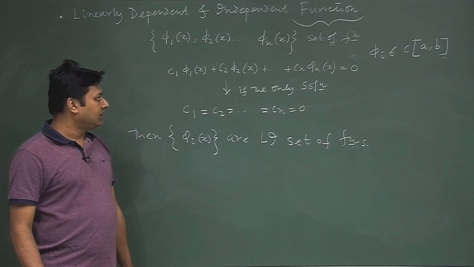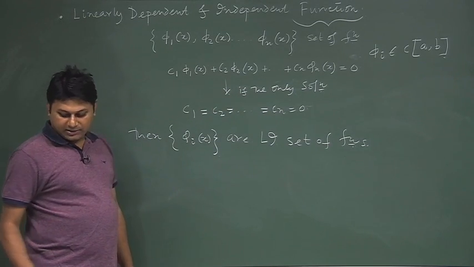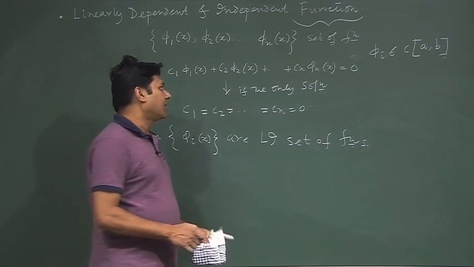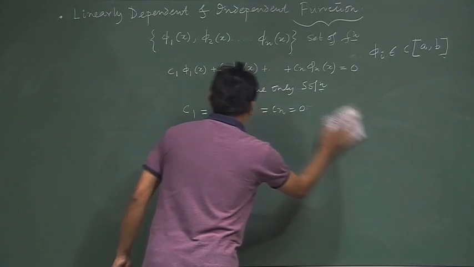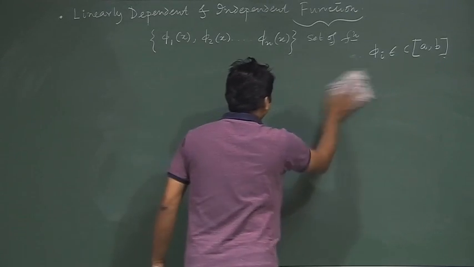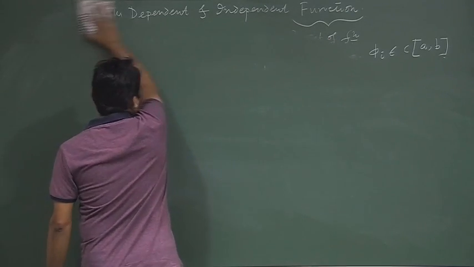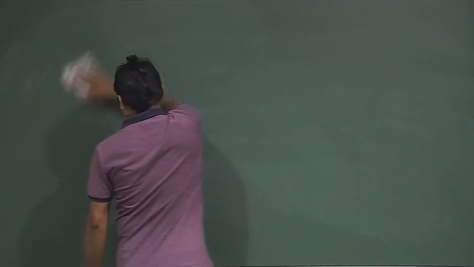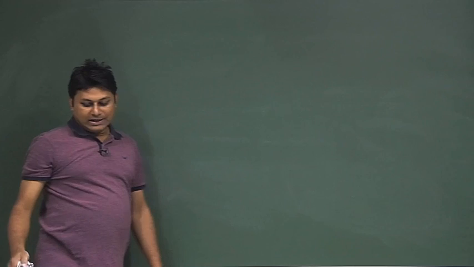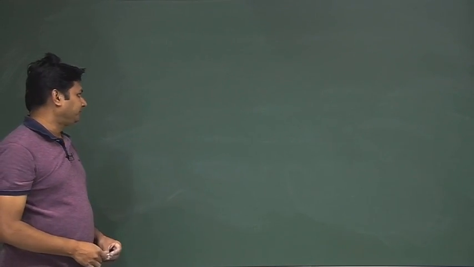By definition, linearly independent functions and linearly independent vectors are exactly the same, but the more important question is how to find out whether a set of functions is linearly independent or not. If a set of functions is given to you, how do you figure out whether they are linearly independent or not?